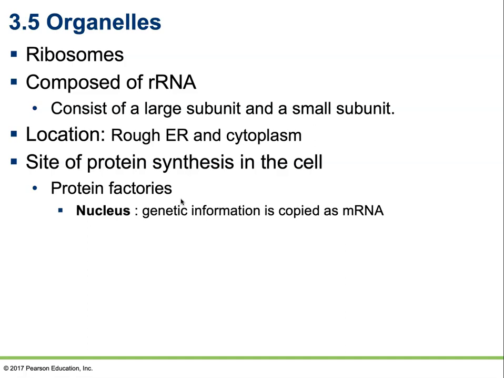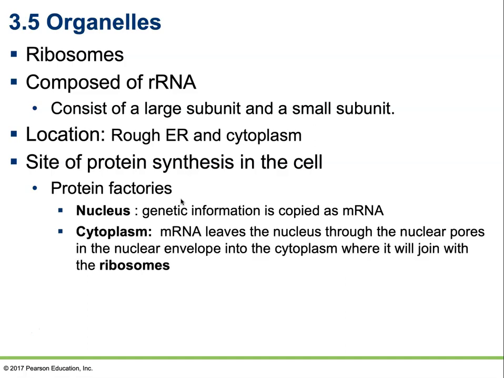The genetic information is going to be copied down as messenger RNA, or mRNA. This is like you taking notes out of your textbook. You open up your textbook, you write down your notes, then you put away your textbook, you set that to the side, and you study using your notes. Or you bring your notes to class or whatever it is that you're going to do with your notes. You're going to copy down the most essential genetic information as mRNA.